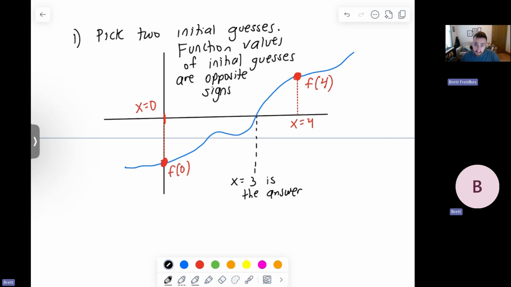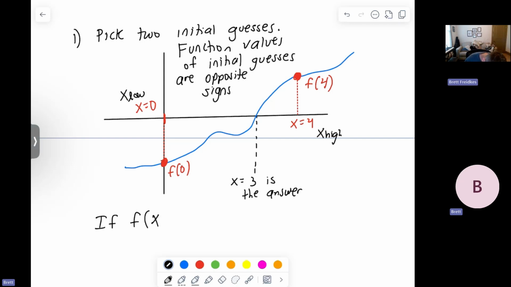Those two y values have to be opposite signs. Why is that conceptually? Well, in terms of a definition, I'm going to say that the lower point on the x-axis is the low point. I'll call it x low. And then the high point I will call x high.